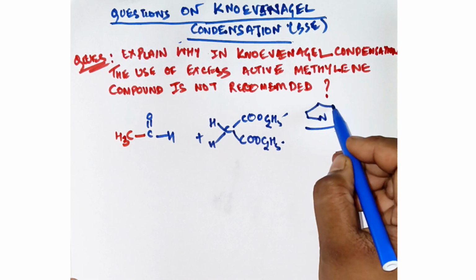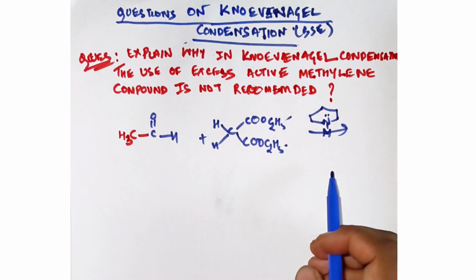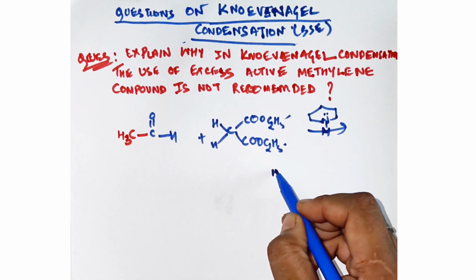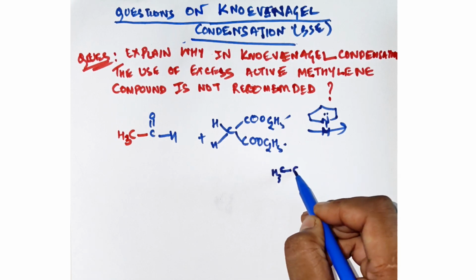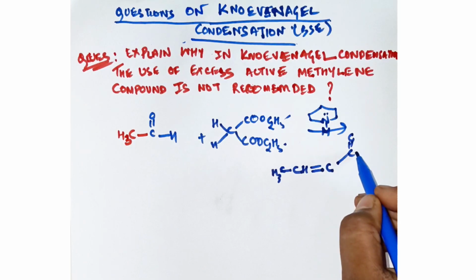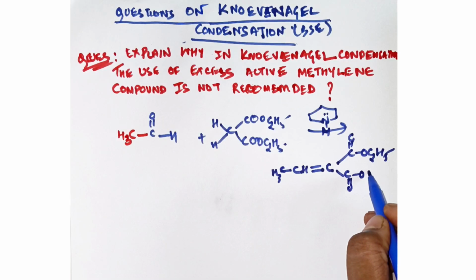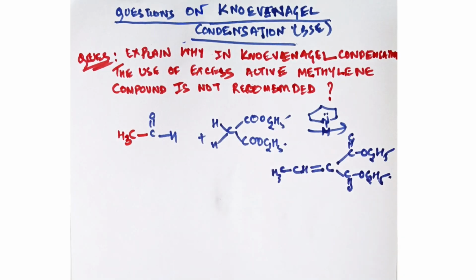This one reacts in the presence of a base, that is pyridine. In pyridine, what we get is H3C-CH=C(COOC2H5)2, an alpha beta unsaturated compound. This is the product which we get.